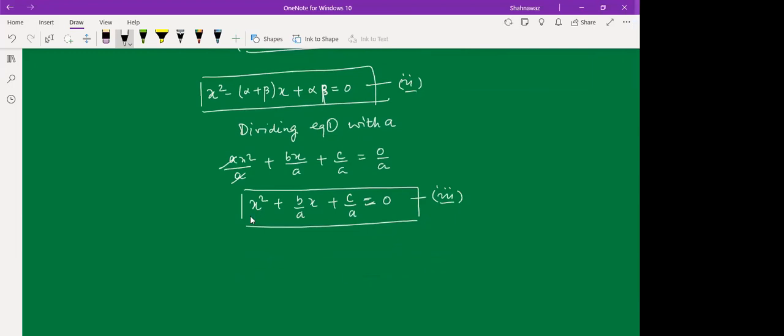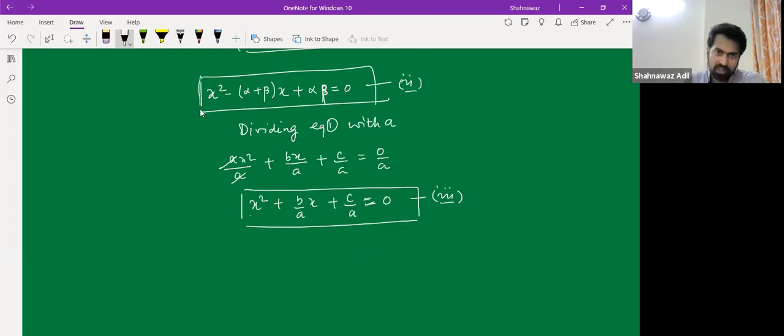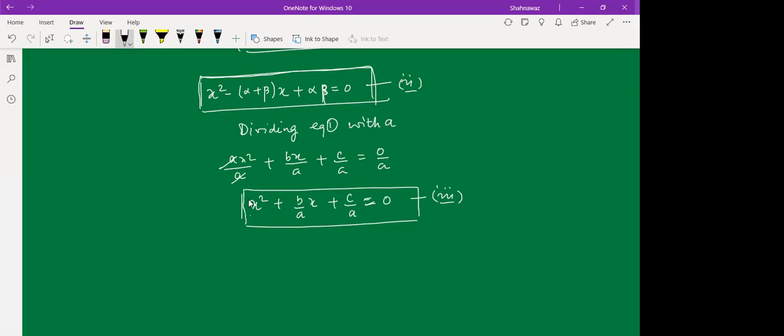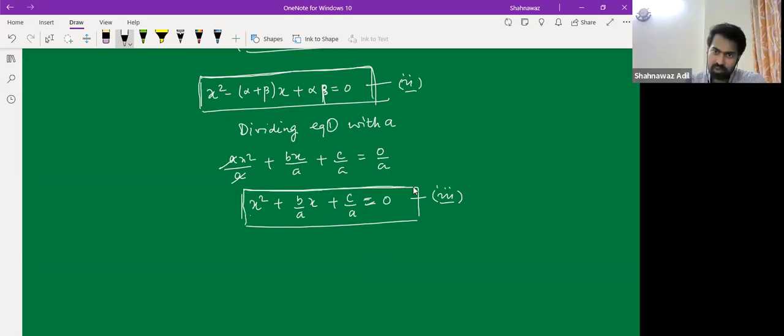The second equation we use when we have to make a quadratic equation, right? So this is a quadratic equation and this is the same quadratic equation. This is also a quadratic equation.